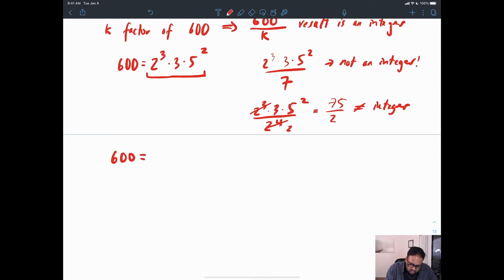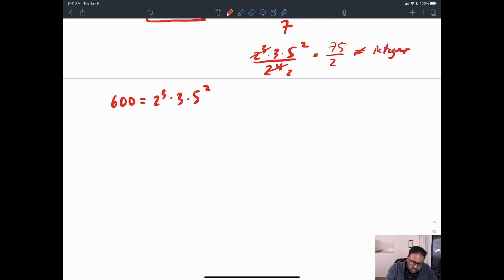So again, we have 600 is 2 cubed times 3 times 5 squared. I have 4 options for the number of times I'm going to multiply 2 to come up with a factor of 600. Right? I could have 2 to the 0, 2 to the 1, 2 to the 2, or 2 to the 3. Those are 4 options.